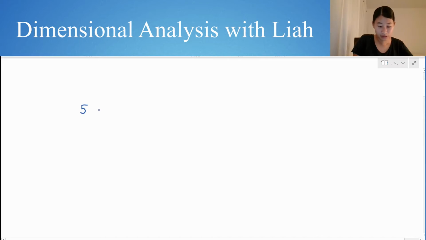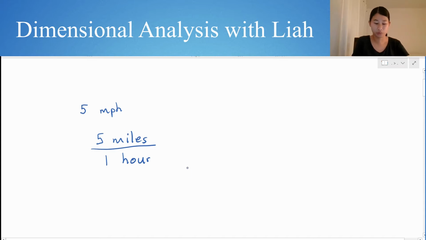If we say something is going at 5 miles per hour, we can write this in math by saying 5 miles over 1 hour. So the per part means that we can divide. So 5 miles per hour means just 5 miles over 1 hour, which means that it is 5 divided by 1.